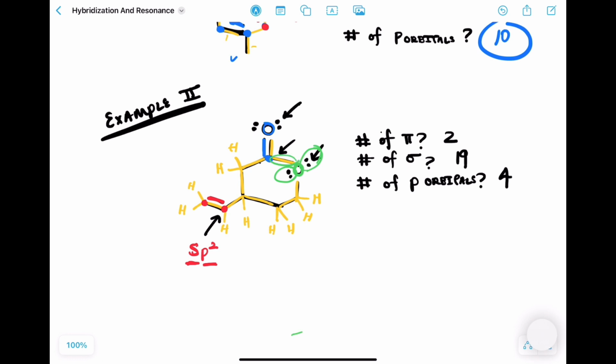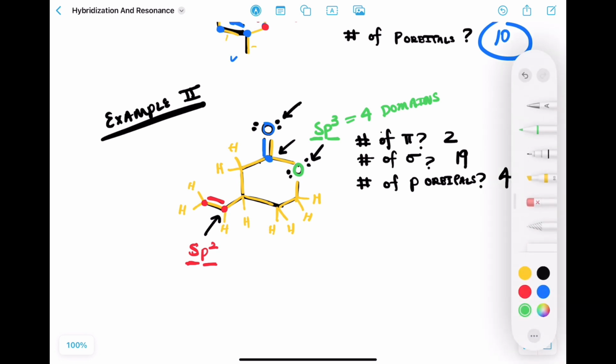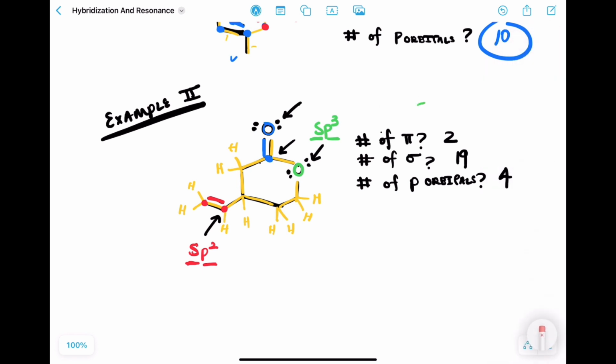So that's 2. This bond makes 3. That bond makes 4. So it has 4 electron domains. Therefore, it's going to be sp3 hybridized. 1 here plus the 3 p for a total of 4 domains. The s represents 1, and the 3 p's represent 3. 3 plus 1 equals 4 domains, right? So we have essentially sp3 hybridization there.